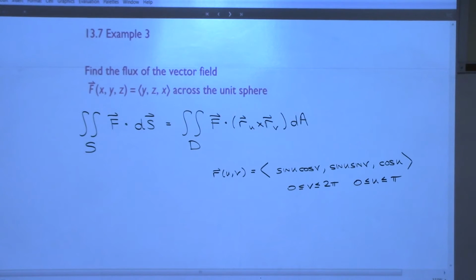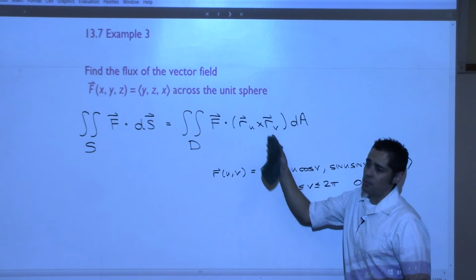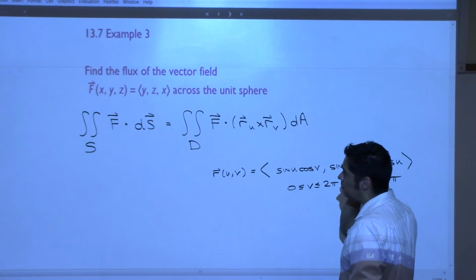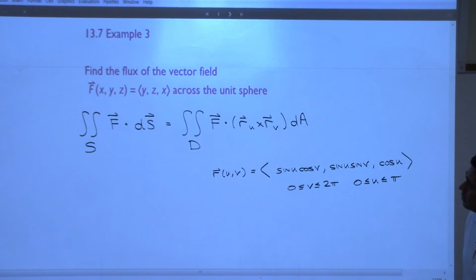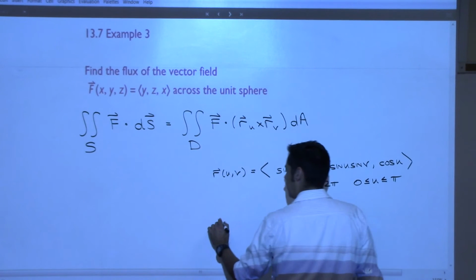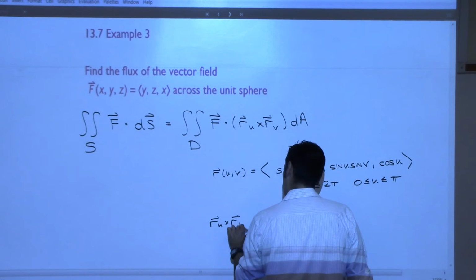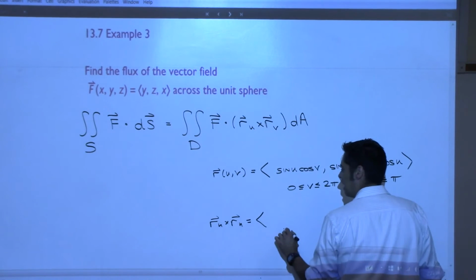Yep. All right, we did the cross product earlier. We did the magnitude of it, but this time we don't need the magnitude. So what is the cross product of those two? Okay, hold on. It's a vector, right?